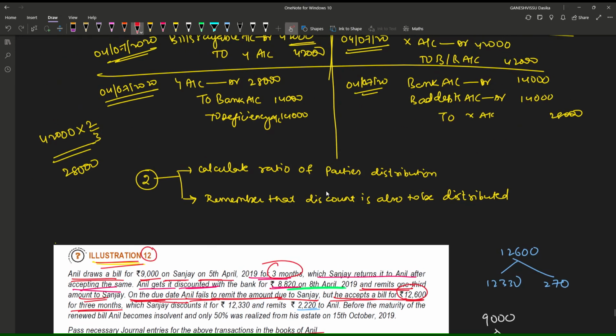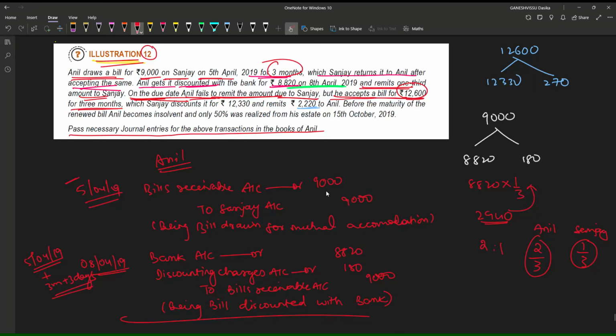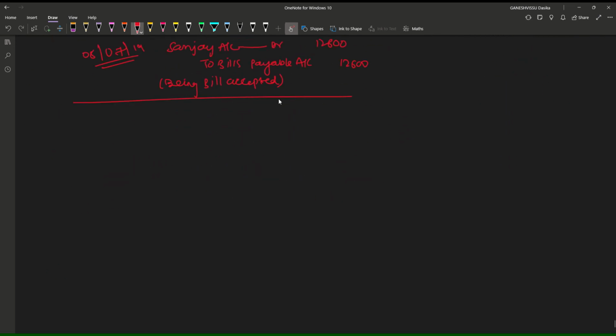Okay, on the same date, Sanjay discounts for 12,300 and remits 2,200 amount. That means on the same date, 8th 7 2019, Sanjay is receiving bank balance. So bank account debit, discount charges is also to be there.